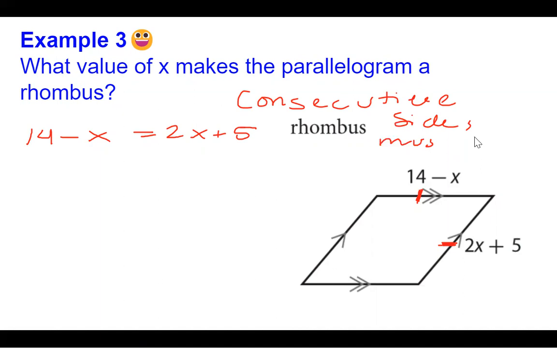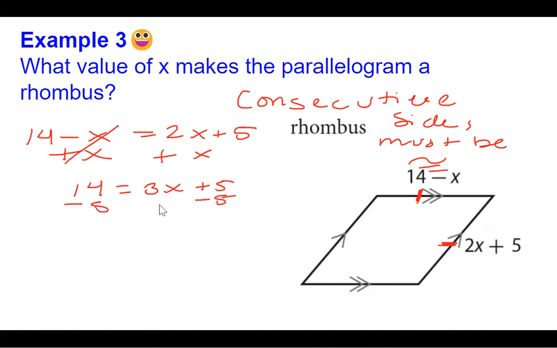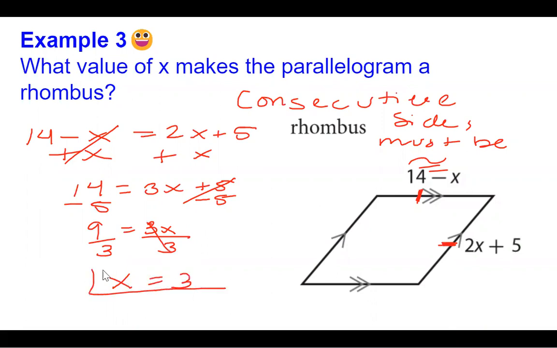Add X. So let's go ahead and add that X. So we have 14 equals 3x plus 5. Subtract our constant. We're left with 9 equals 3x. Last step. Divide by 3, and we're left with x equals positive 3.